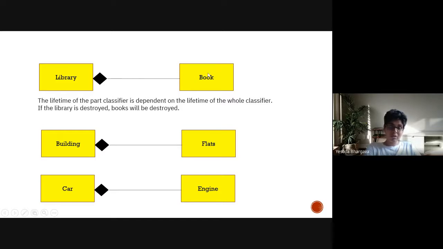Without books, library cannot exist. Similarly, a building is composed of different flats, and similarly, a car is composed of engine. So if any of these items are removed, then these items will cease to exist. That is the core difference between aggregation and composition relationships.